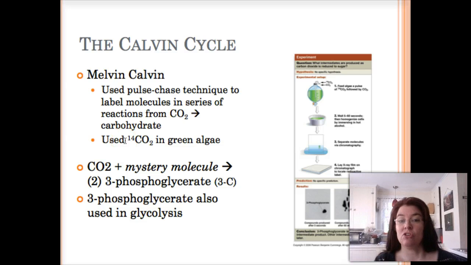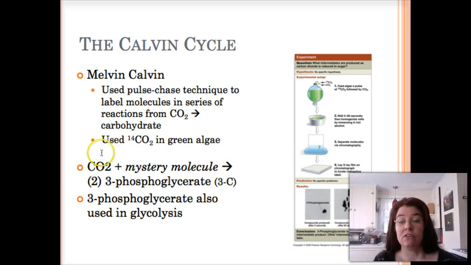So he used essentially radioactive carbon dioxide, and he put it into green algae in order to follow it inside the cell. When you take a radioactive molecule like carbon-14 and you put it into a cell, you can use that radioactivity to expose film, and you can literally watch this molecule as it moves from place to place inside the cell. And Calvin used this technique in order to figure out what happened to the carbon dioxide.